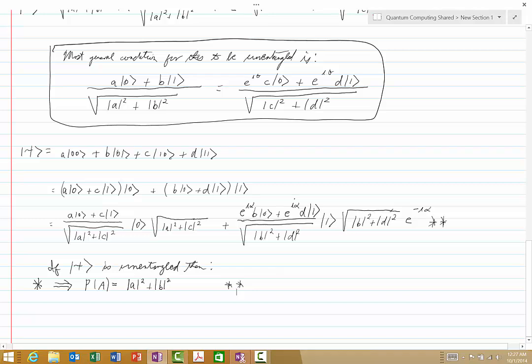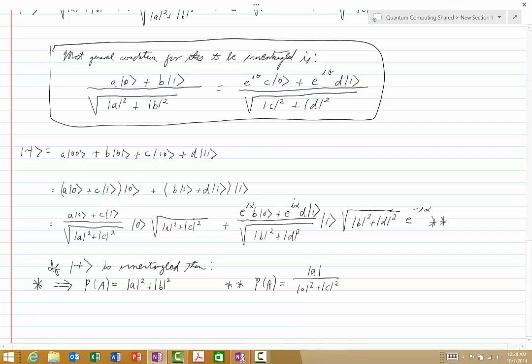But remember now that if C is unentangled, then this term is equal to this term right here. And so what we conclude from the second one is that the probability of A is equal to the magnitude of A squared over the magnitude of A squared plus the magnitude of C squared.